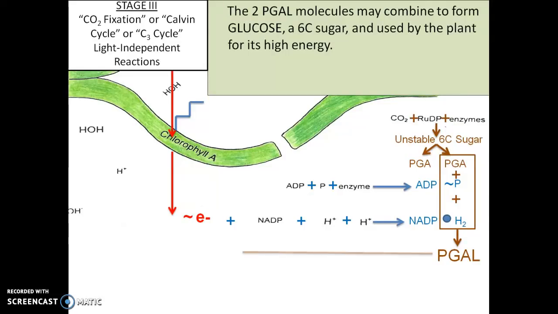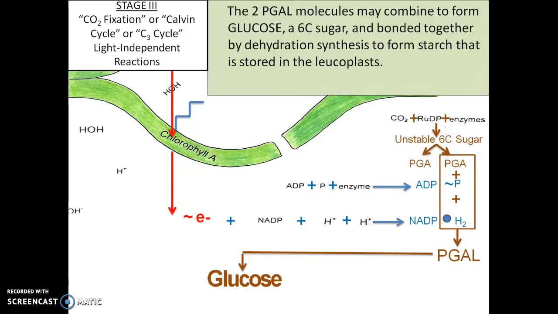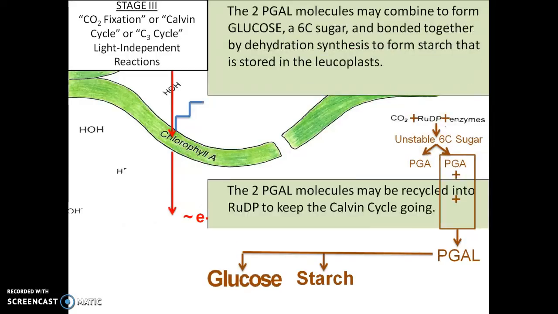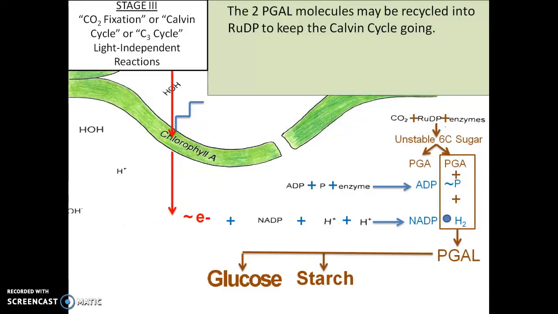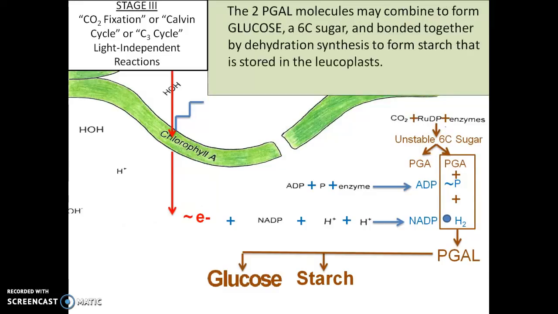Then pGal will go on and form either glucose, which is what the plant uses for energy. It could also go on and form starch, which we know is used to store energy in plants, right? It's stored energy.